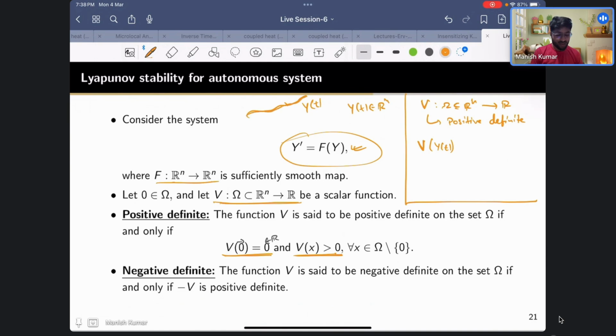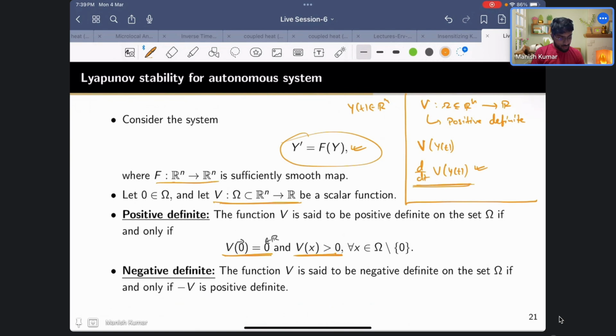That's what V(y(t)) means. Now you have to look at the derivative of this function, d/dt of V(y(t)), which is again a function. Looking at the signs, or what kind of function it is, we can conclude whether the point (0, 0) is a stable point, asymptotically stable point or unstable point.